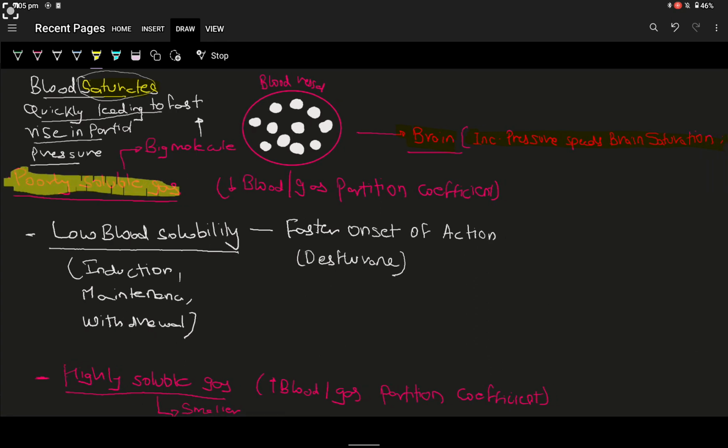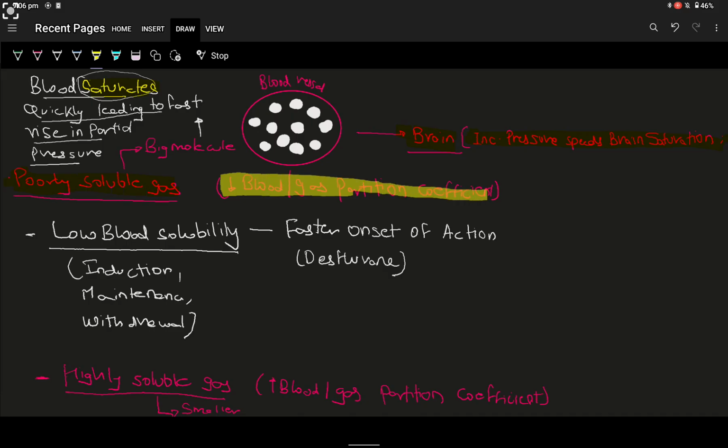Like in the previous example, the nitrous oxide had a faster effect. So this can be said as low blood gas partition coefficient, and due to the low blood solubility, it can be used in the three phases, that is the induction phase, maintenance phase, and the withdrawal phase, due to the faster onset of action.